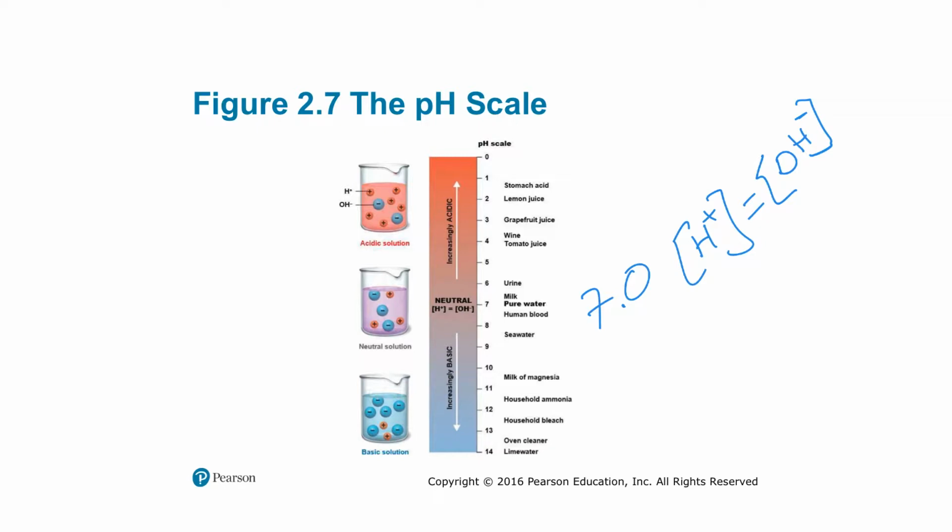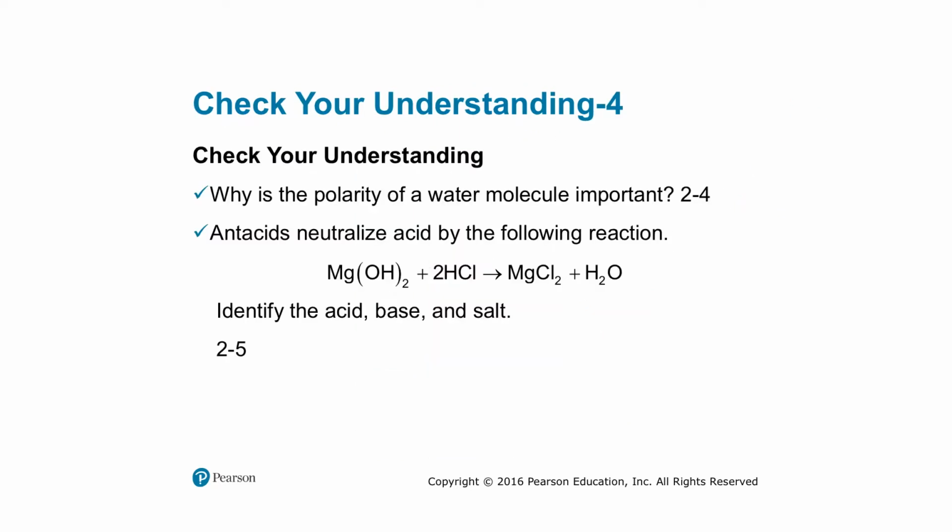And as you continue to go up, you get through ammonia, and then household bleach, and then oven cleaner, and then they say lime water. I'll point out that the classic strong base is sodium hydroxide, and then the classic strong acid is going to be hydrochloric acid. And so in their pure forms, these are at pH 0 and pH of 14.